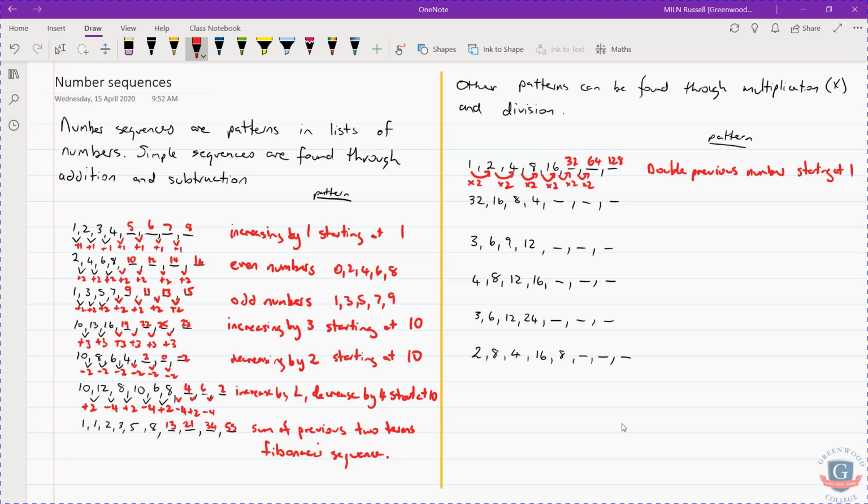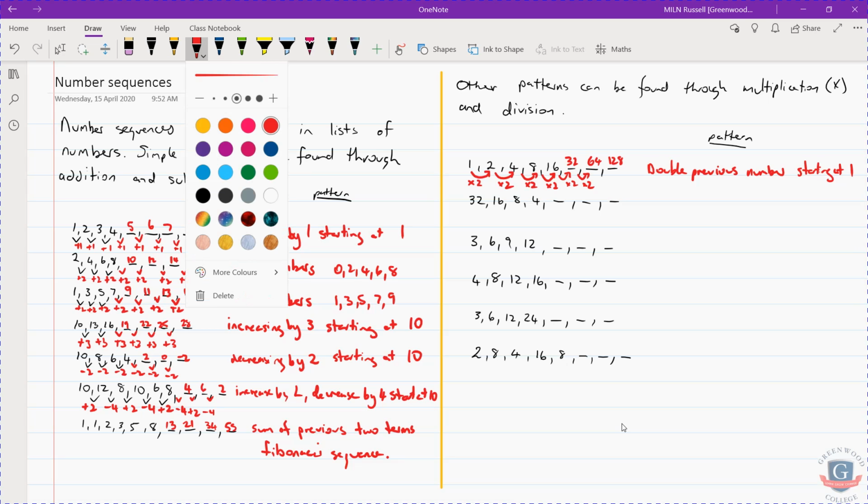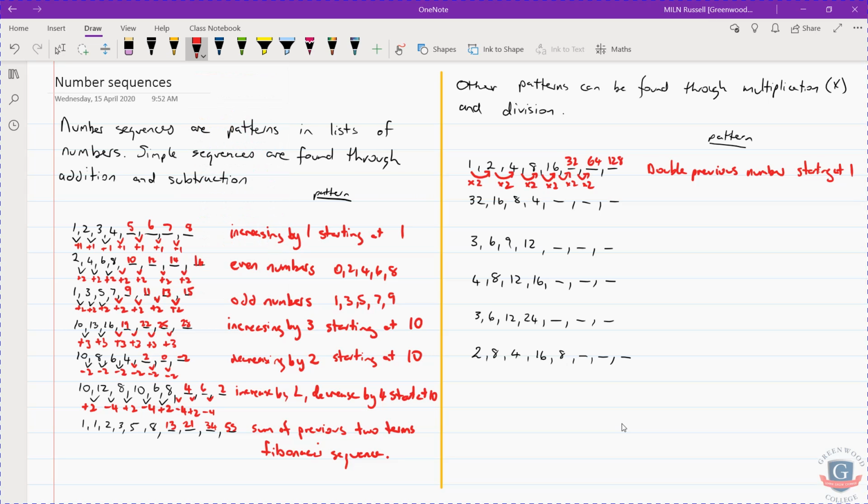Now, funnily enough, I think this one's just halving. I'm going to make this pen a little bit easier to read. Here we go. So, if we go from 32 to 16, this time we're halving it, so times by half. And we're going to halve it again from 16 to 8, and halve it again from 8 to 4, and again from 4 to 2, and again to get to 1, and we would halve it again.